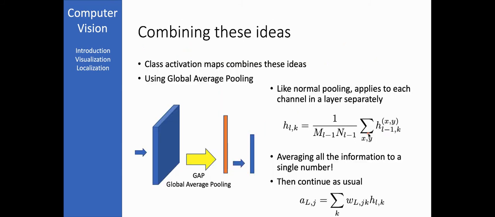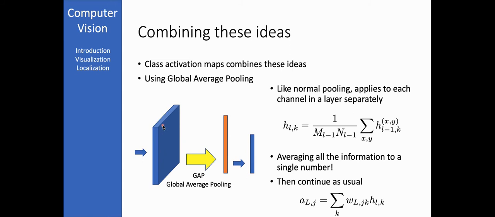Then I apply something called global average pooling. It's a fancy name for something very simple. Now, this layer is formed of multiple channels. Each, again, has a size that's the same as the image size. I simply average this tensor across the spatial directions. So if I have, let's say, 10 different channels in this layer, I simply convert it into 10 numbers.